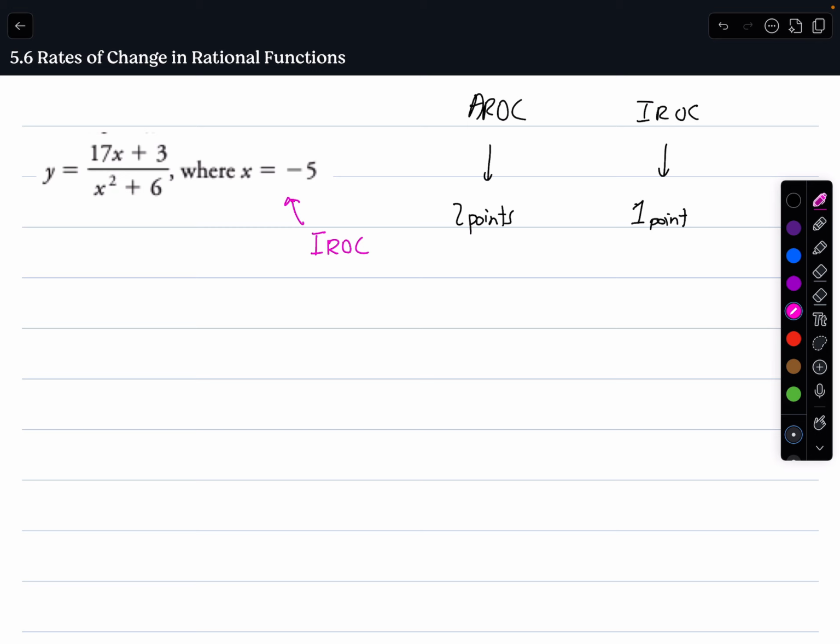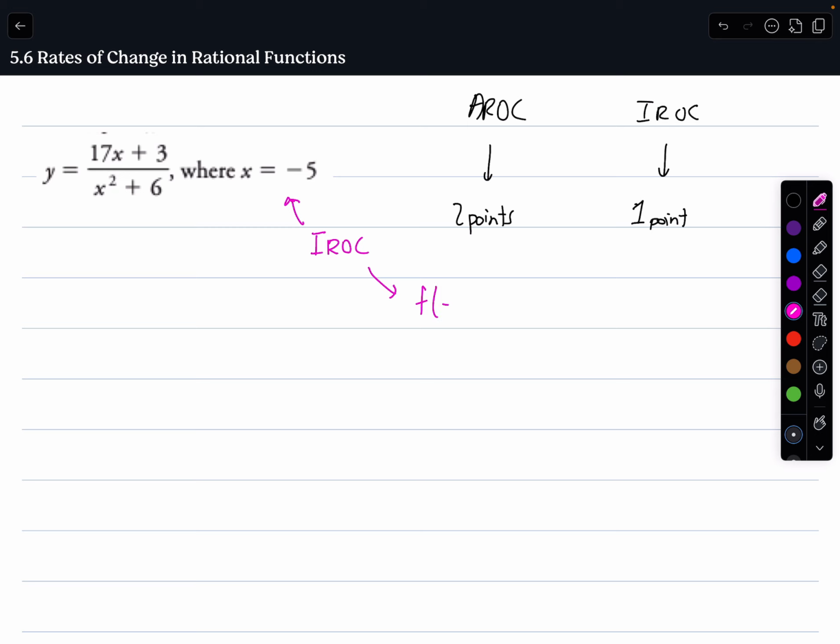Now, for those of us who are trying to remember how to do the IROC, in advanced functions, you learn how to approximate the IROC using the AROC. But in calculus, you can use derivatives to find the IROC in a seamless way. But for this course, we're going to use the approximation method. So what we have to do is get a point on the right side of negative 5 and on the left side of negative 5, and we're going to set up this equation.